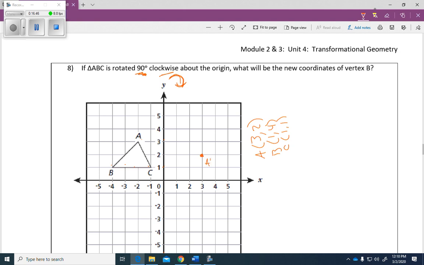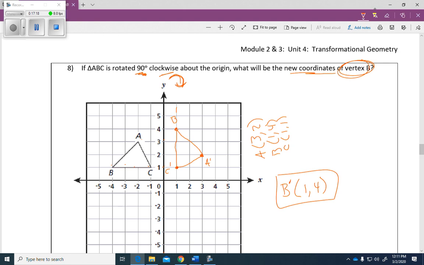I'll plot 1, 4, and call it B prime. And I'll plot 1, 1, and call it C prime. And that is a 90-degree rotation clockwise about the origin. What will be the new coordinates of vertex B? B prime ends up at 1, 4. That's the answer to the question.